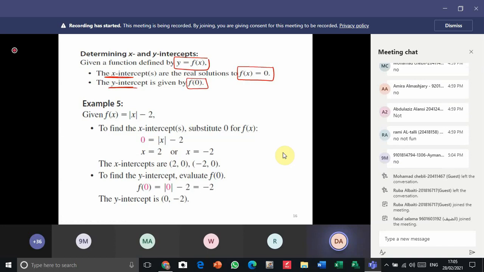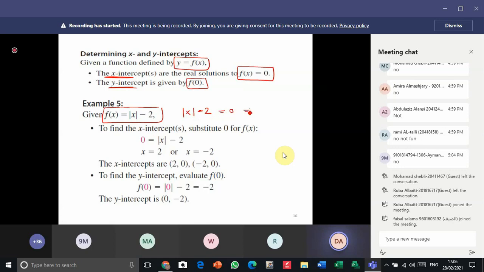For the function. For example, if we have a function like this, and we need to find the x intercept. To find the x intercept, put y equals 0. So the absolute value of x minus 2 is equal to 0.